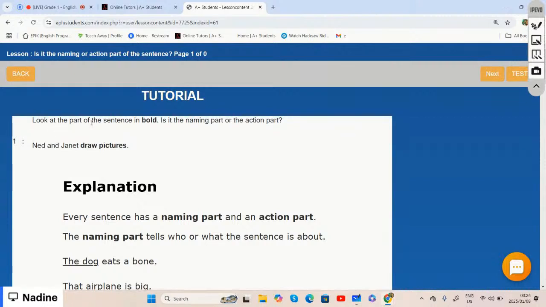Now it says, look at the part of the sentence in bold. We need to say, is it a naming part? Or is it an action part of the sentence? So we need to look at the words in bold. Is that a naming part or an action part of a sentence?